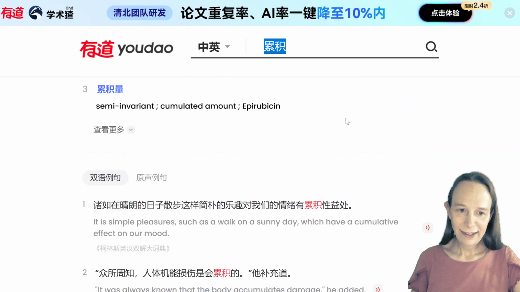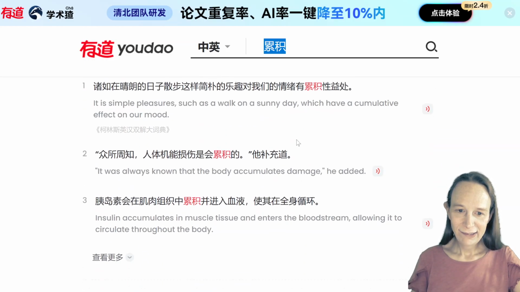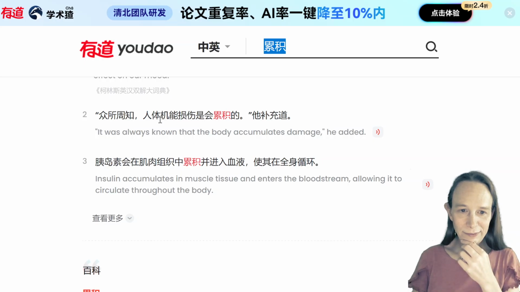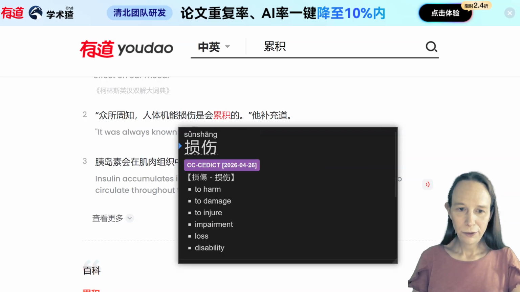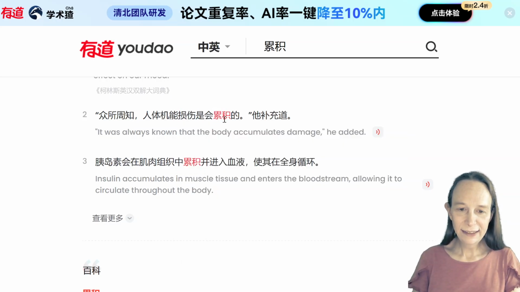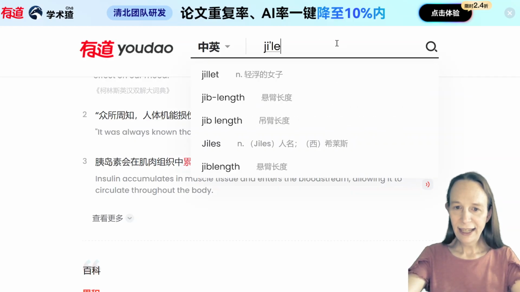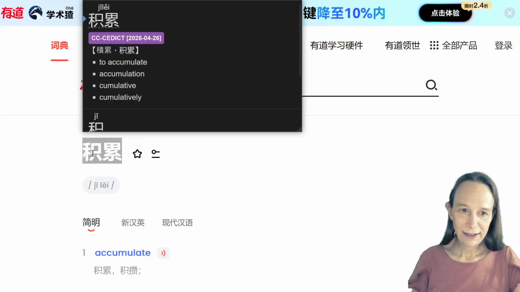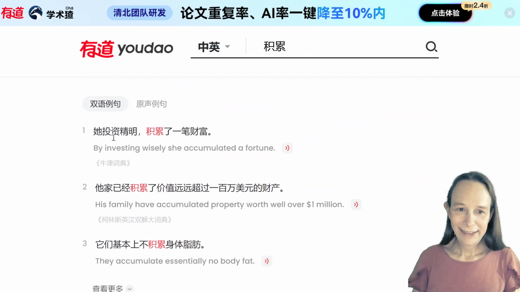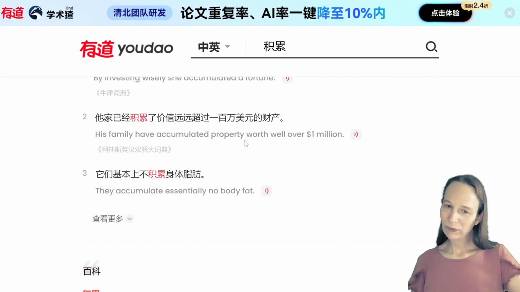累积. What's this? 损伤会累积了，会累积的。积累。I don't know.